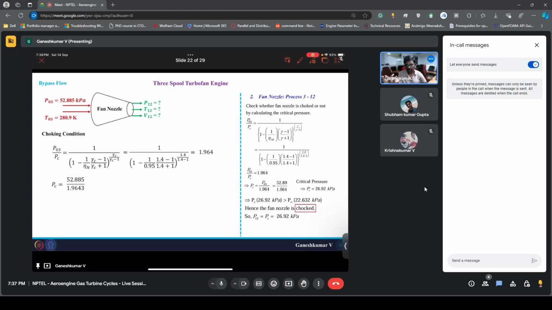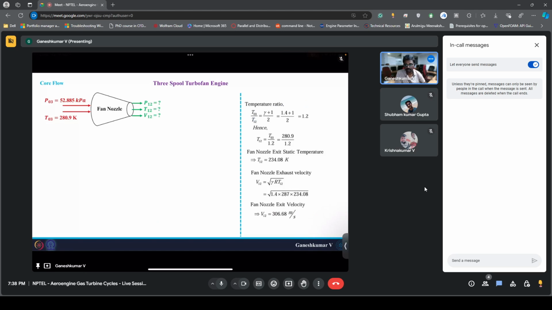So if you try to find the critical pressure, it is going to be 26.92 kilopascal, which is greater than 22.632 kilopascal, which is what we got also. Hence we can say the nozzle is choked, and hence the pressure at the exit of the fan nozzle is the same. It's 26.92 kilopascal, which is equal to the critical pressure.